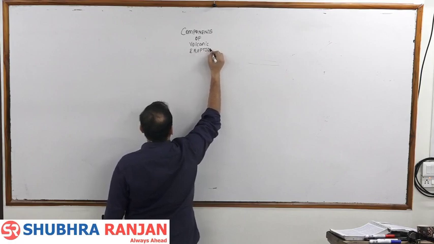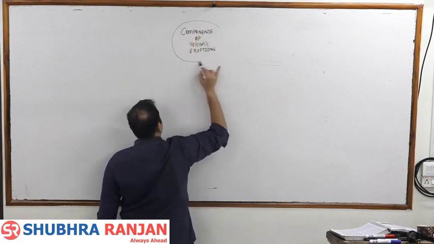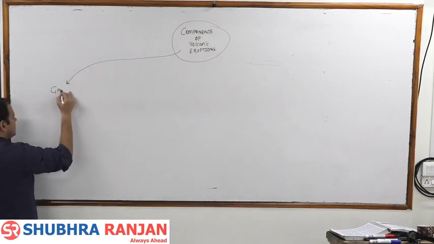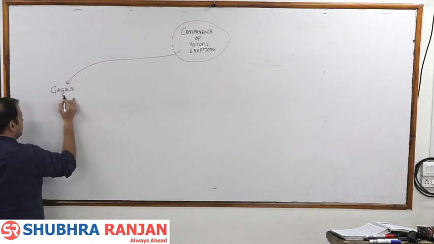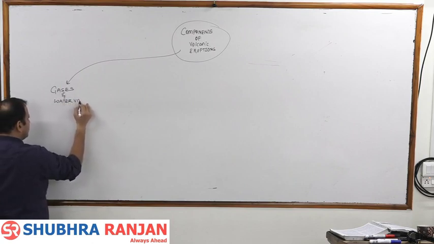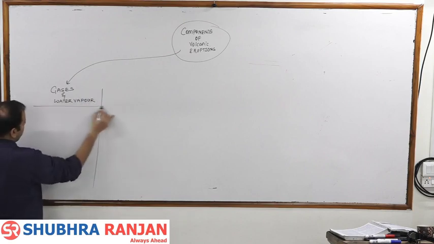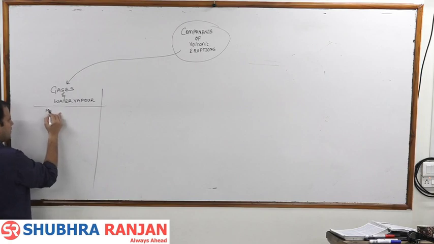What comes out of the volcanic eruptions? What comes out? Gases and water vapor. Most important.